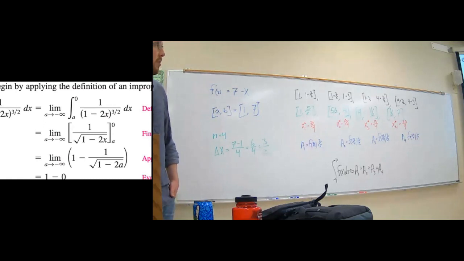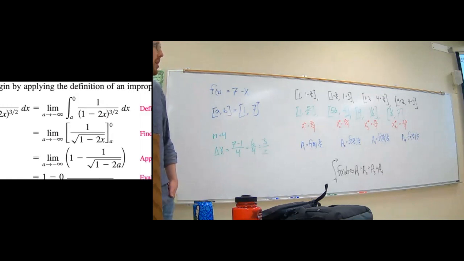So at 0, 1 over the square root of 1 minus 2x. This thing is going to disappear, so you're going to be left with 1 over the square root of 1, which is just 1. And at a, you're going to get this thing, right? But we're taking the limit as a goes to negative infinity. And when we do that, this goes to 0, because this gets really large underneath the radical.